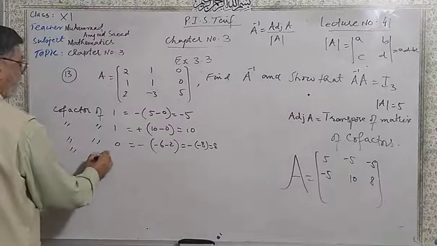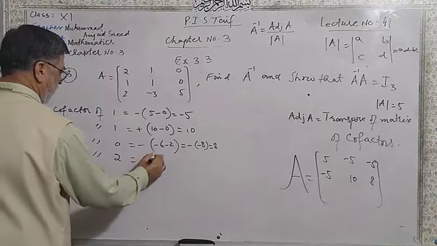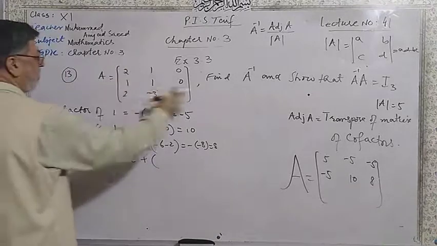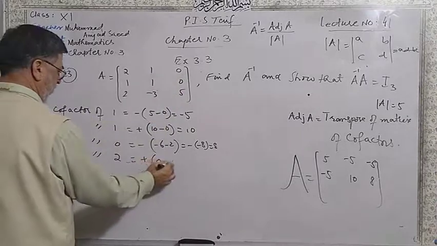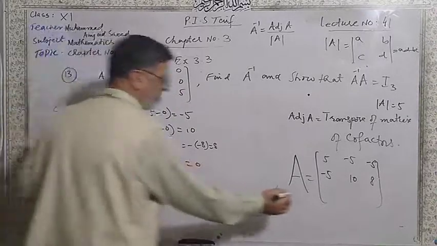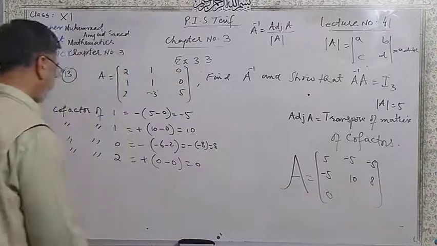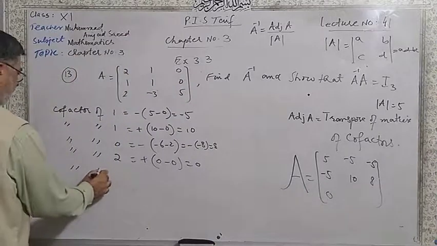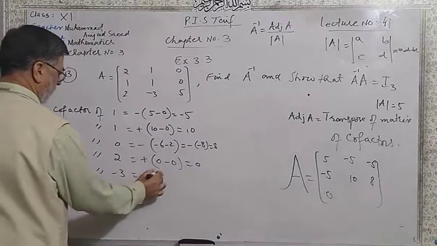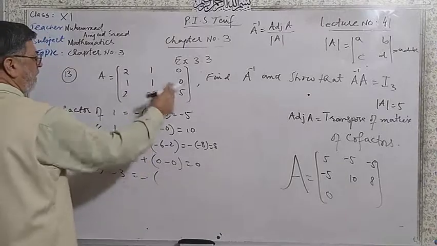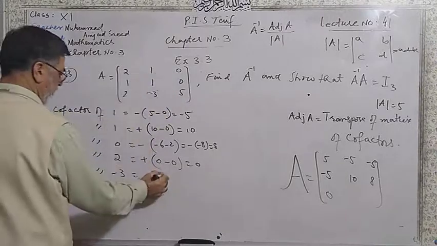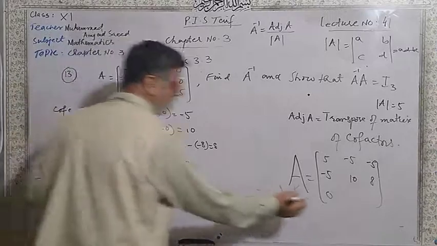Then the cofactor of 2, plus. Remove this column and row. AD minus BC, 0 minus 0, that is 0. Then the cofactor of minus 3, minus. Remove this column and row. AD minus BC, 0 minus 0, that is 0.